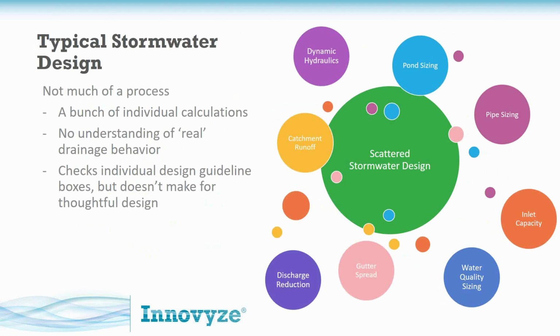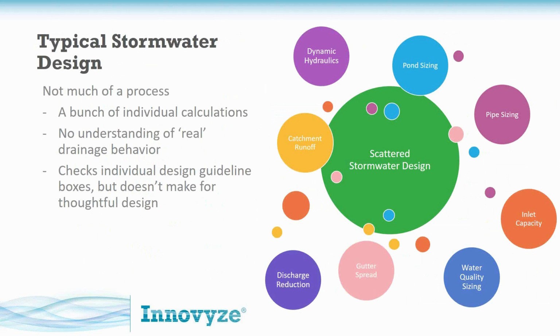So beyond the normal sizing a pond based on certain constraints, and pipe sizing, figuring out the catchment runoff and water quality volumes, now we're talking about these inlet capacities and the resultant spread which would occur in our roads. Separate might also be, hey, we need to do a full hydraulic analysis.